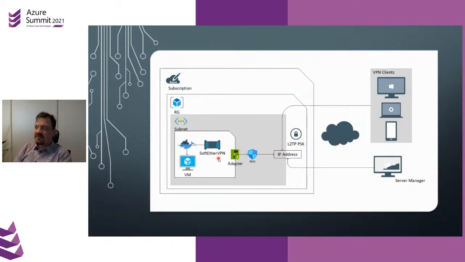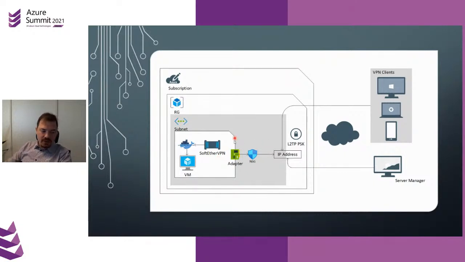It doesn't have an official Docker image on Docker Hub, but there are alternatives, and there is one which is pretty popular, and I will show you what is there about that.